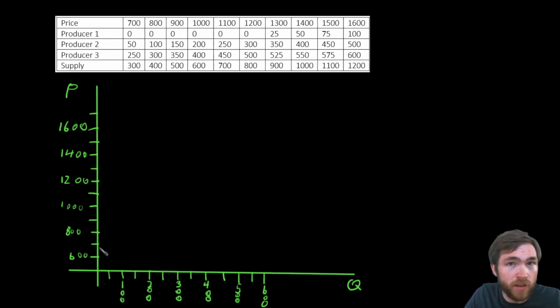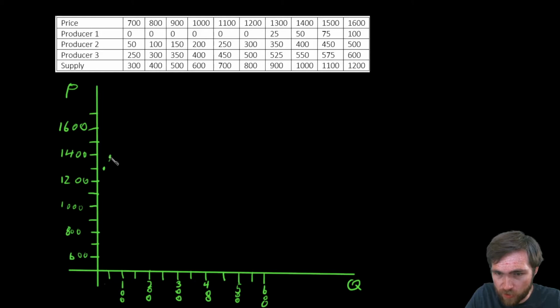So let's go ahead and do that now. All right, so producer 1 isn't willing to produce anything until we're up to around 1300 for the price. So for producer 1 at a price of 1300, they're willing to supply 25 bikes. And at a price of 1400, they're willing to supply 50.